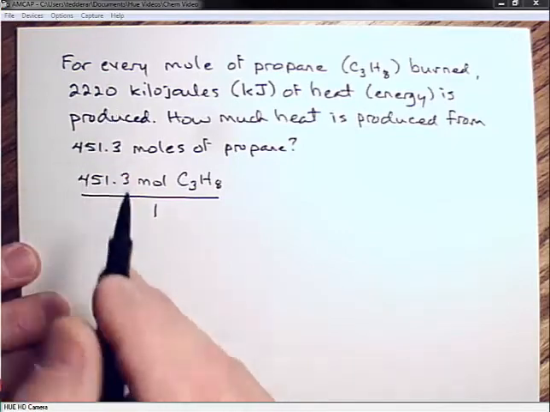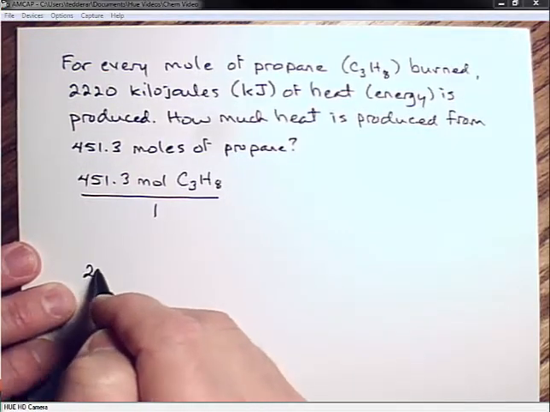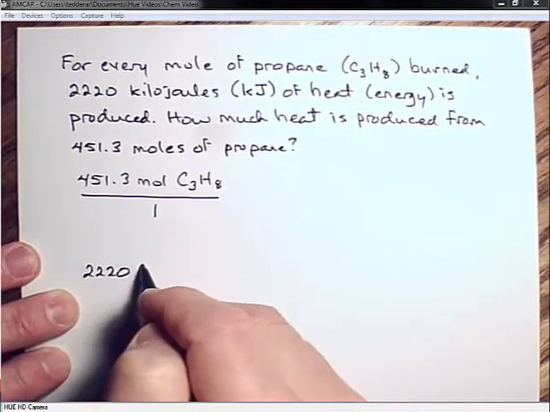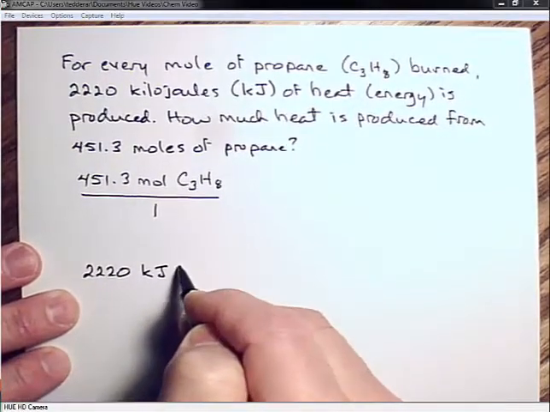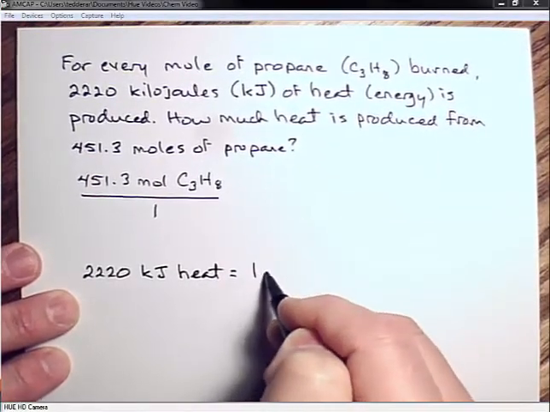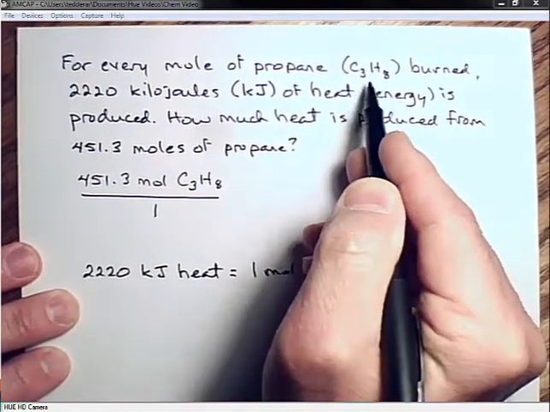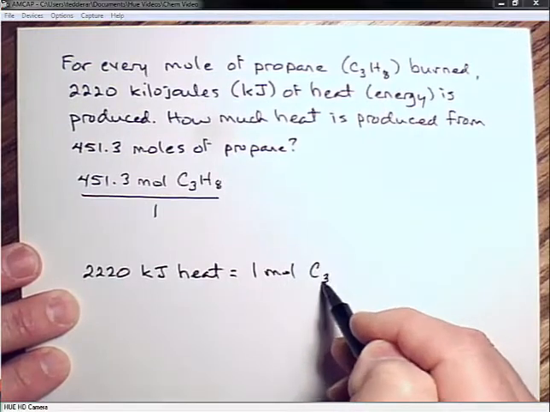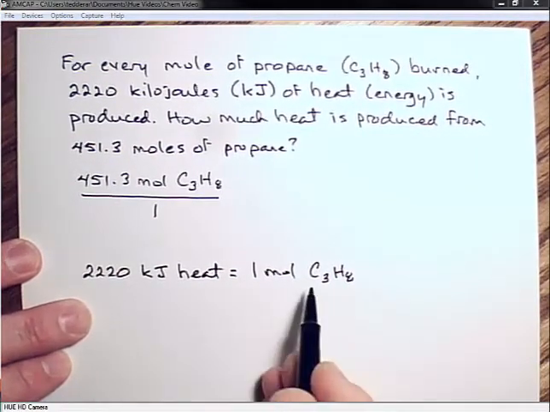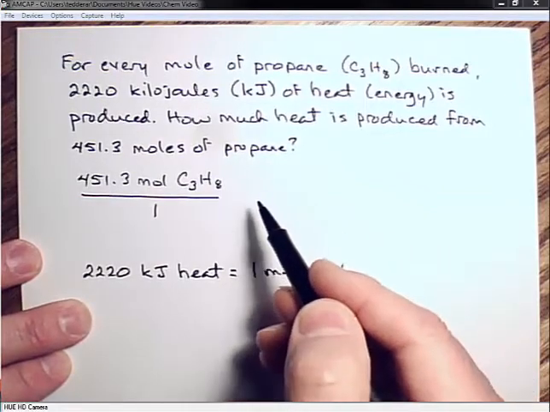So let's see, we got 2,220 kilojoules of heat is equal to 1 mole of propane. Okay. Well, if those two things are equal, then I have what I need to build a conversion unit.